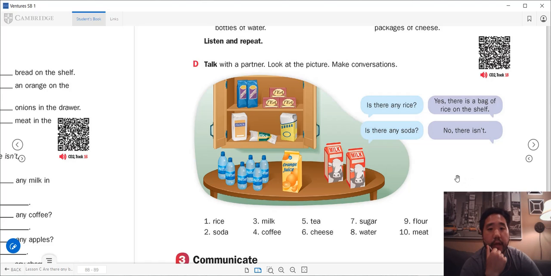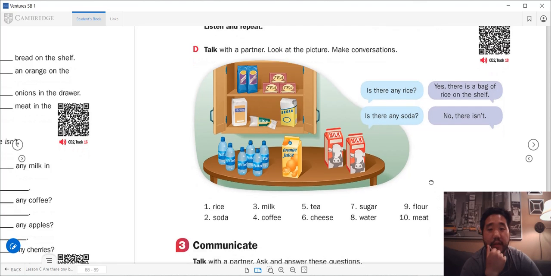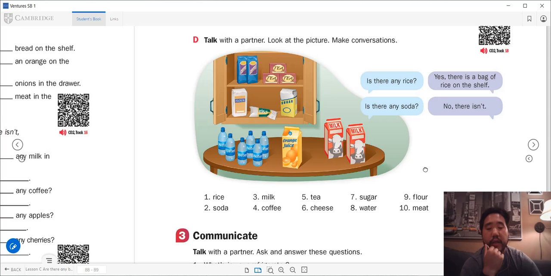So is there any flour? Yes, there is 1 package of flour on the shelf. Finally, number 10, meat. And there isn't any meat. So we have to say, is there any meat? No, there isn't.